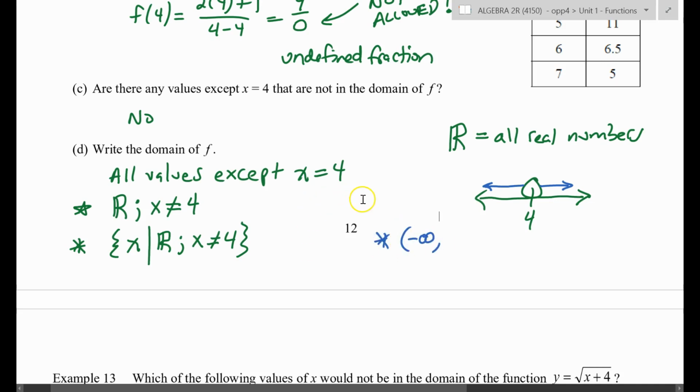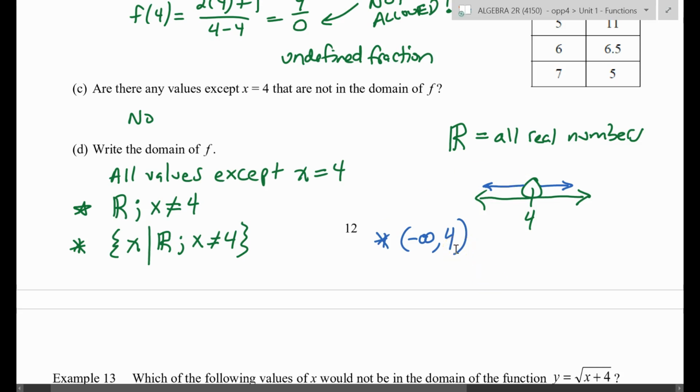And I'm going to start sliding along this until something happens. Cesar, where does something happen? At 4. Am I allowed to be 4? So what does this mean, guys? Doesn't this mean everything from here over here except 4?